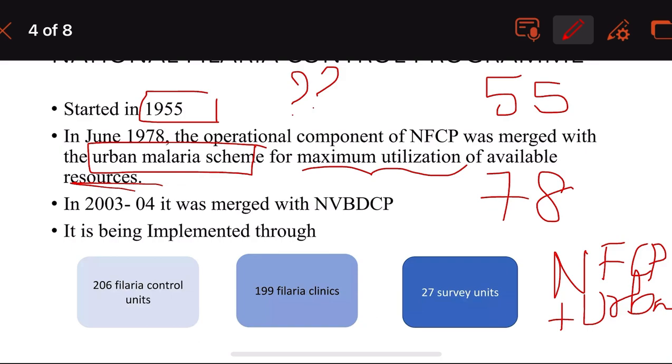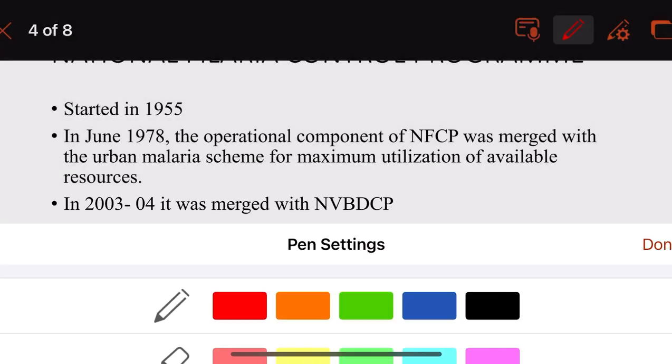In the year 2003-4, it merged with the National Vector-Borne Disease Control Program, which is nothing but NVBDCP. It is being implemented through 206 filaria control units, 199 filaria clinics, and 27 survey units.